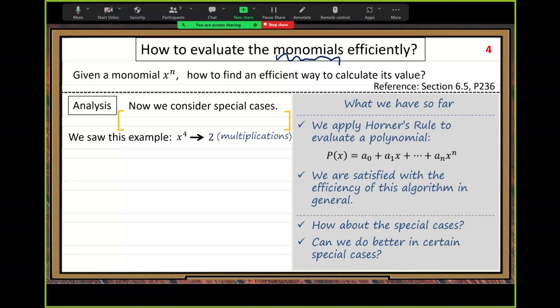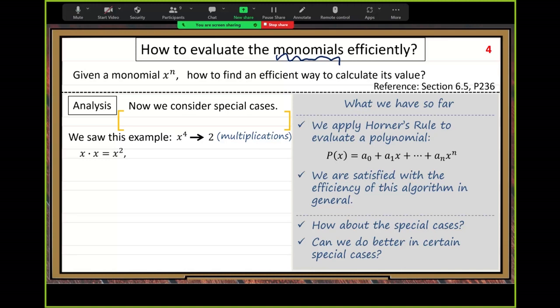With repeated squaring, we only need 2 multiplications. That's a simple example. Now, we want to apply the technique we used here a few more times. So let me show you how to apply that special technique several times.